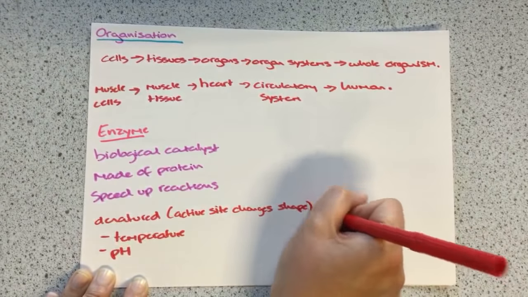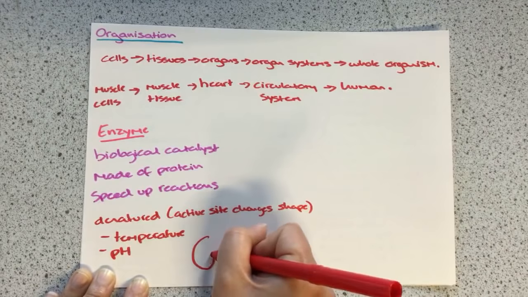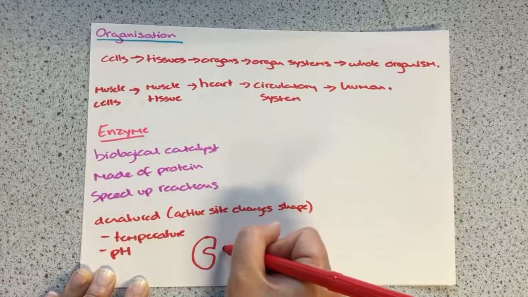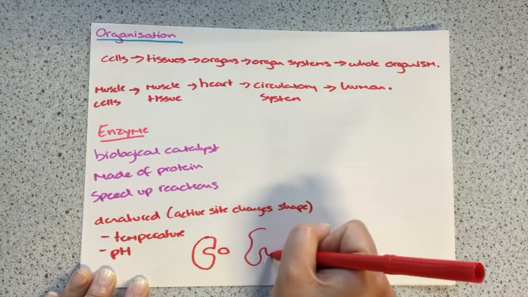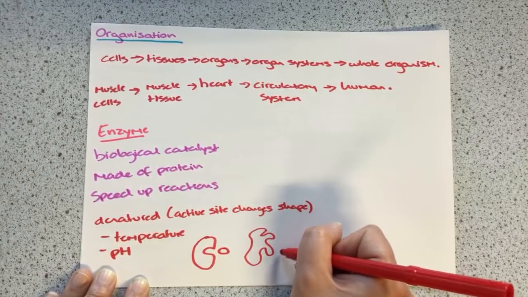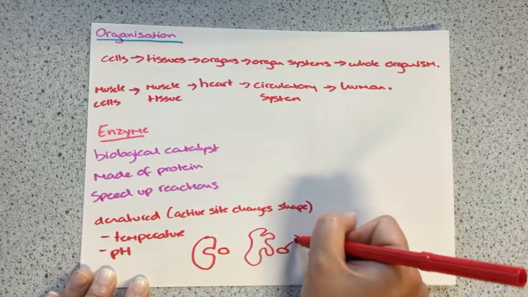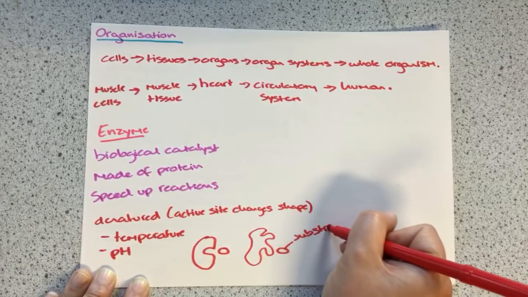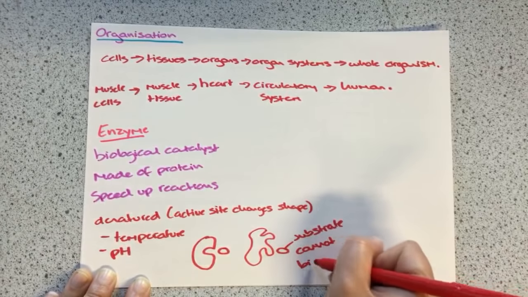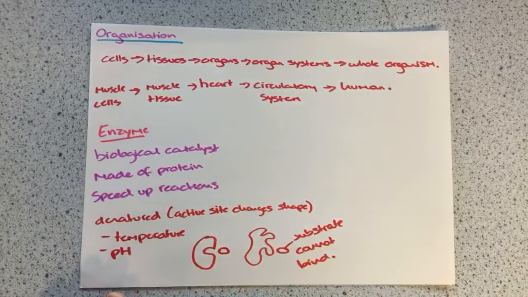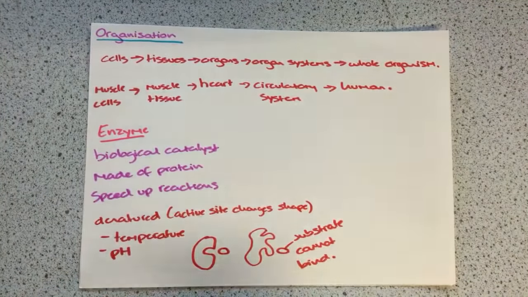When you have an enzyme, it'll have a very specific shape that will allow a substrate to go into it, to bind into it. If you denature an enzyme, it loses the shape of its active site so that the substrate can't bind. Substrate cannot bind. And like I said, there are three important enzymes that you need to know.